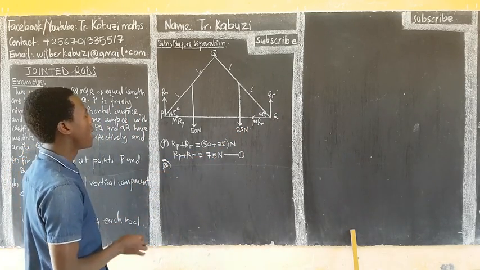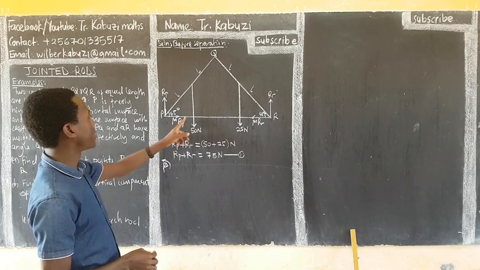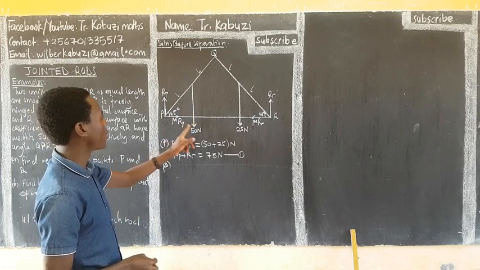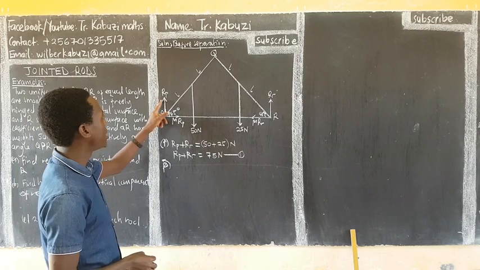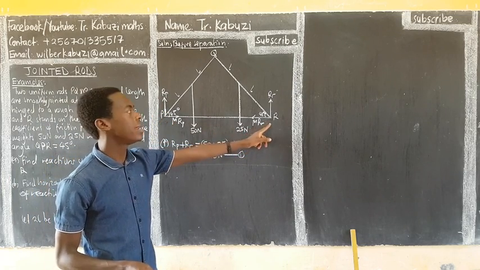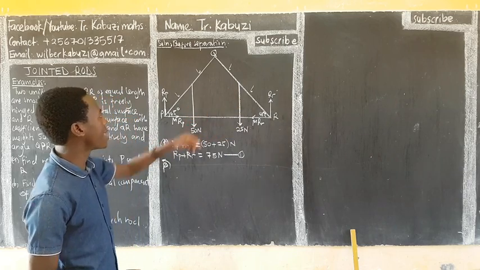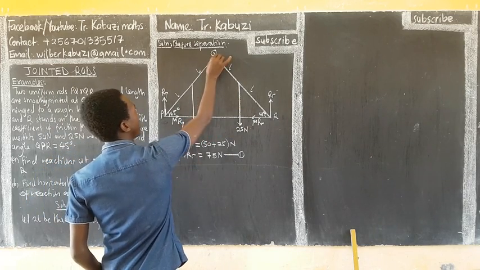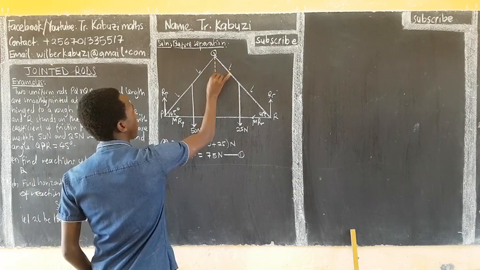Now we need the distances, because when you take moments at P, some forces won't survive, and the forces remaining are this and this. So we start by dividing this into two equal parts.